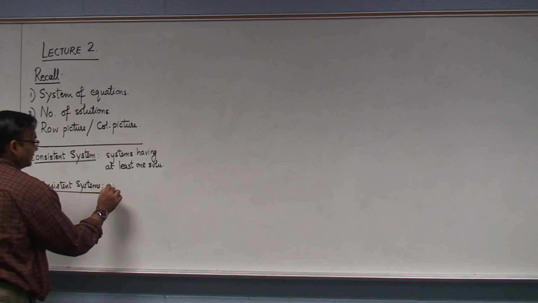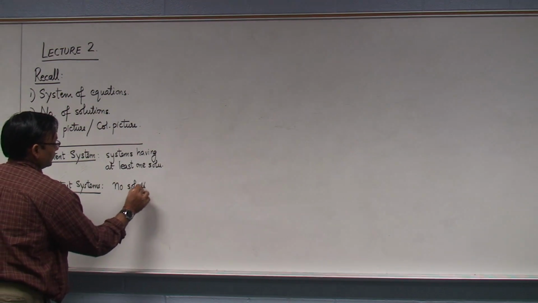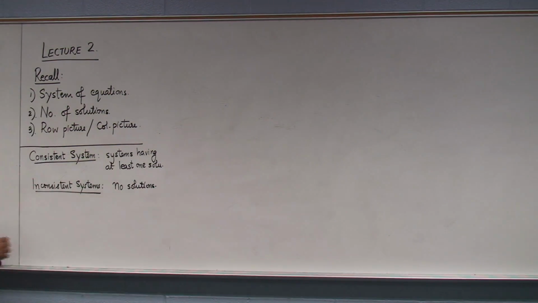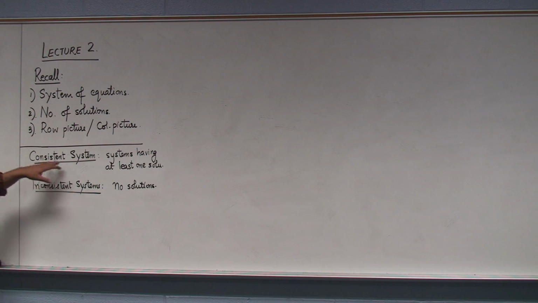And this means systems having no solutions. So given a system of equations, we will always be able to categorize in these two things. And when we say consistent system, it covers both the cases when the system has exactly one solution and when the system has more than one solution, that is infinitely many solutions.